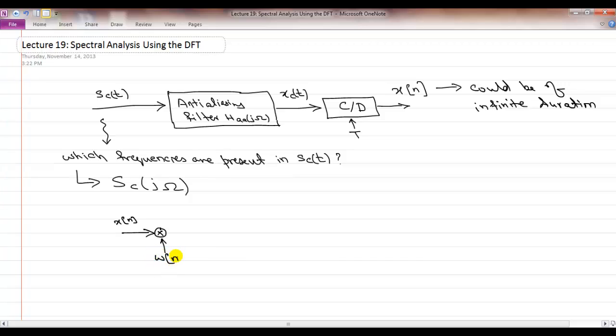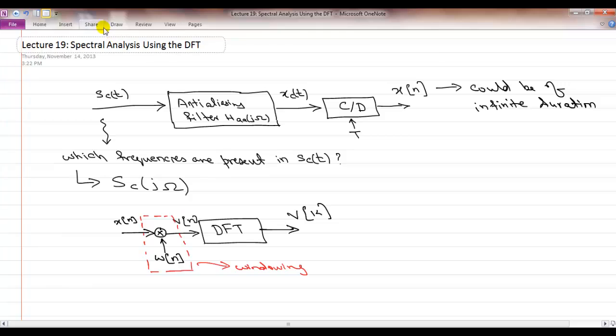You multiply it with wn, the window, to get vn, and then you compute its DFT to get the DFT coefficients Vk. This multiplying of your signal with a finite duration sequence is called windowing.